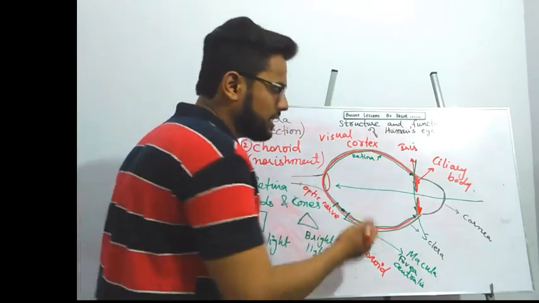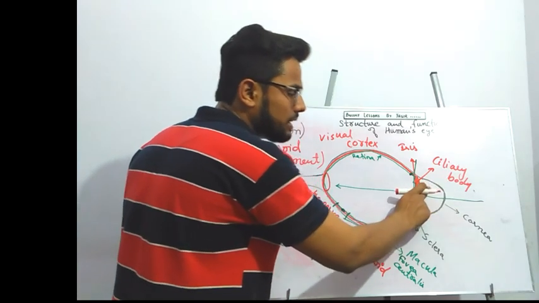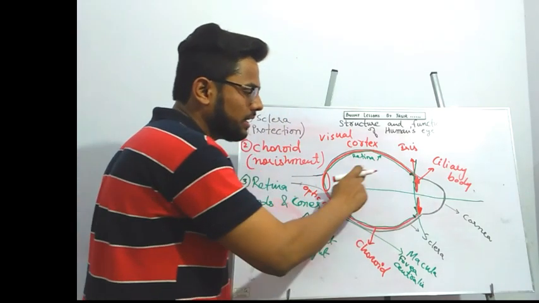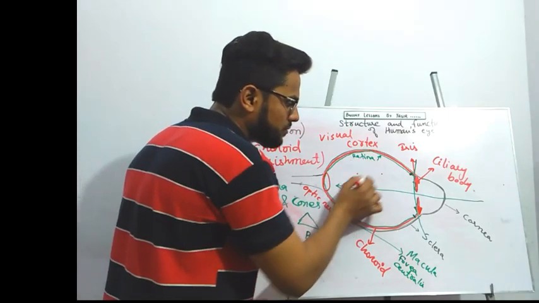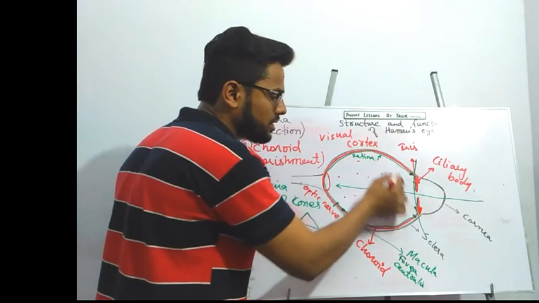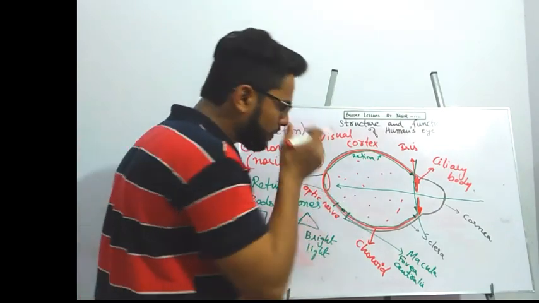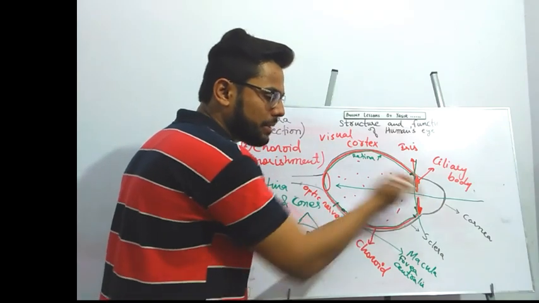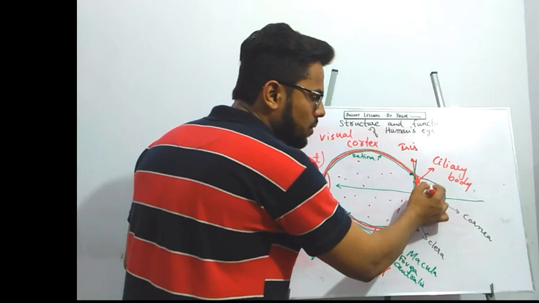Understood? Now we shall discuss the anterior part. The anterior part is called the aqueous chamber, I told you earlier, and this part is called the vitreous chamber. The vitreous chamber is filled with a fluid called the vitreous humor. Vitreous humor is a jelly-like fluid present at the back side of the eye, and aqueous humor is filled over here.